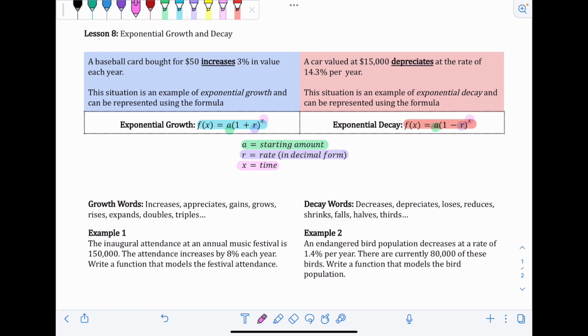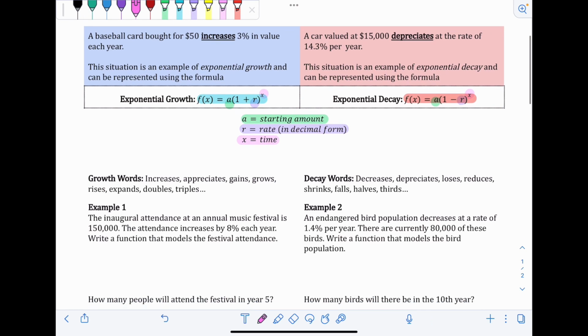And then before we get into the examples, I just jotted down some common growth words as well. For growth words, this is like when you're reading a word problem. These words would help you decide that you want to use the exponential growth formula. So increases, appreciates, that means it goes up in value, gains, grows, rises, expands, doubles, triples, all those are examples of growth words.